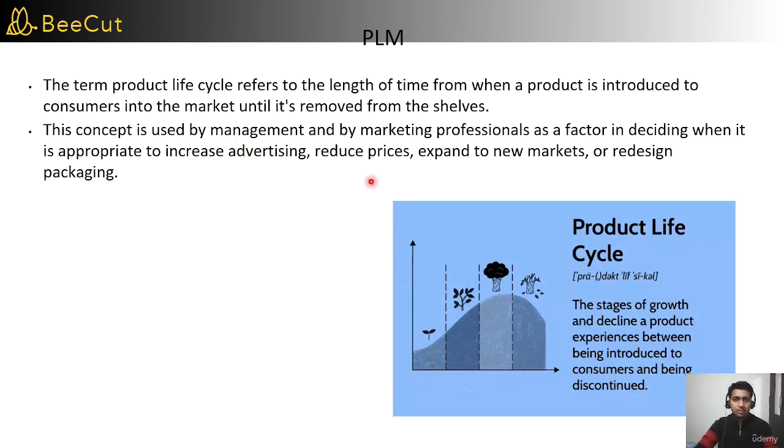In the intro stage. In which stage should the prices be reduced and expanded to new markets, or is there a need to redesign the packaging? All those decisions are taken based upon this one, or one of the very important factors, that is at which stage the product is. When I explain the different stages, this will give you a clearer idea.